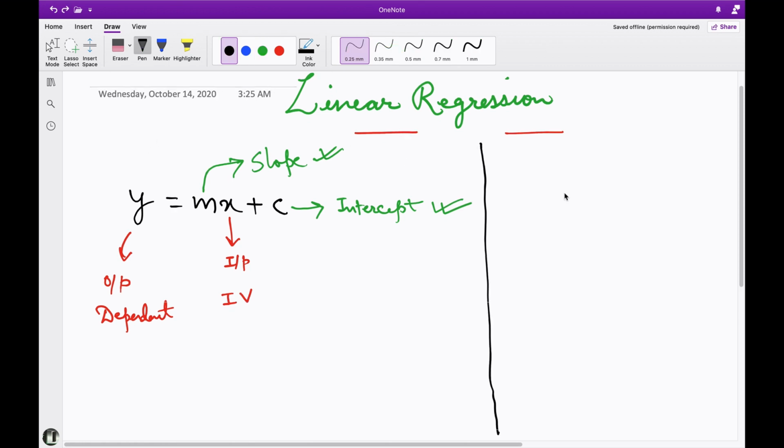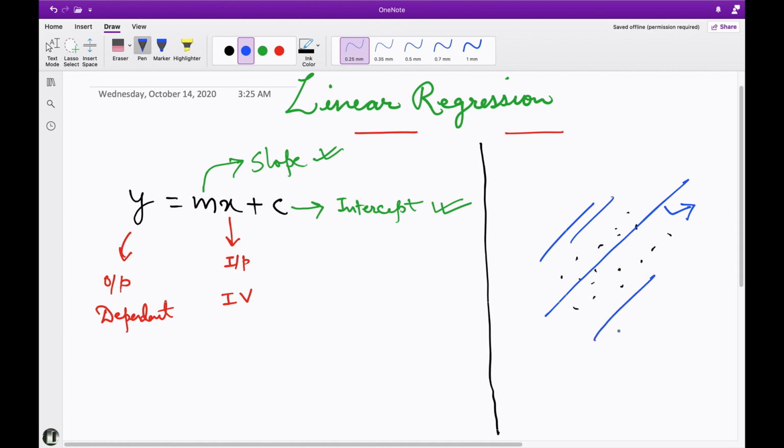Actually the main goal of linear regression is to consider the data points, consider this a data point, and its goal would be to plot the best fit line like this, which would provide the minimum error. It will be the best line out of the infinite number of lines that we could have drawn.